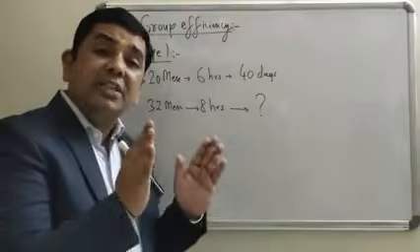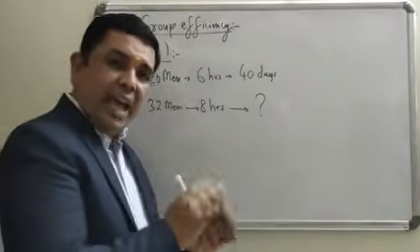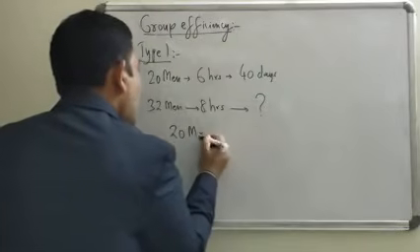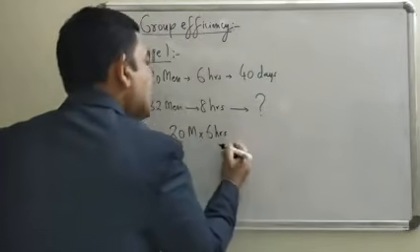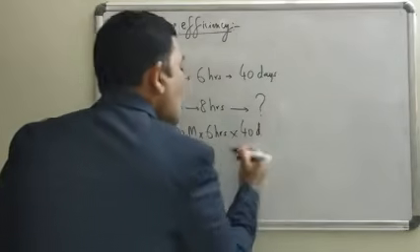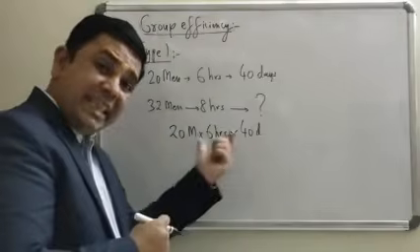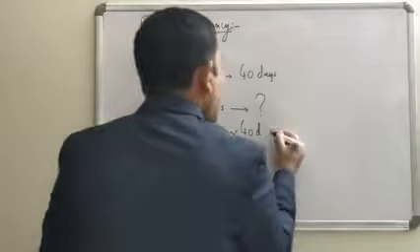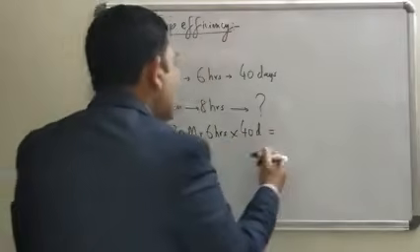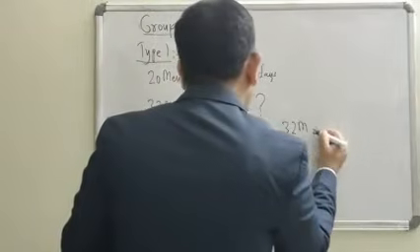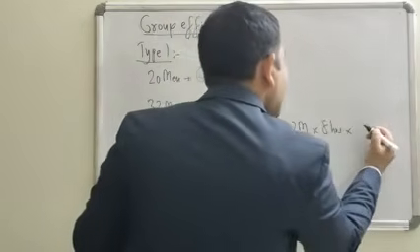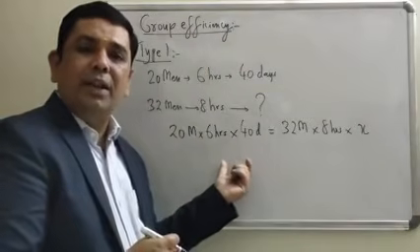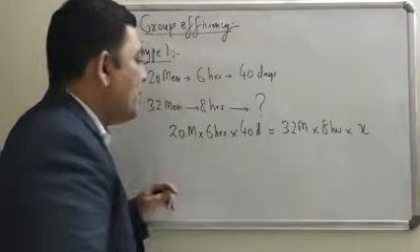So the total work is the same, and therefore 20 men working for 6 hours in 40 days is equal to the same work completed by 32 men in 8 hours. The question is how many days? Very simple.